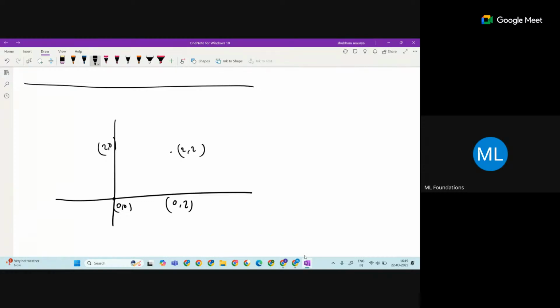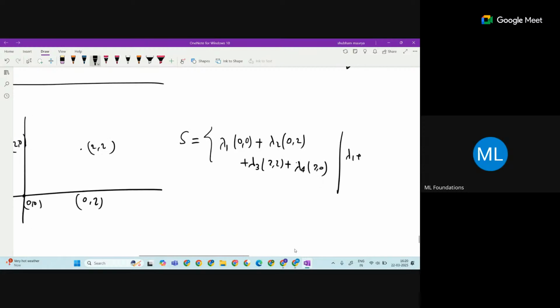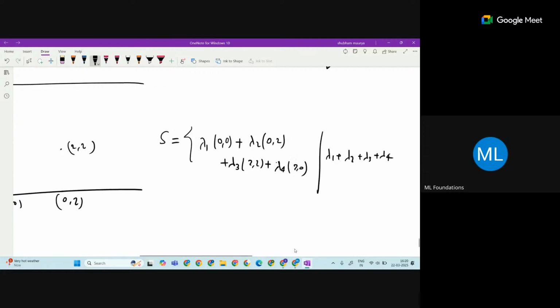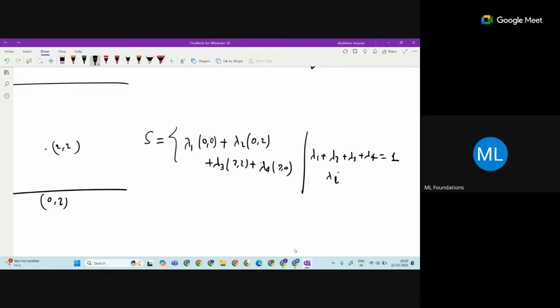Now, what is the convex hull? The definition of the convex hull using these points is going to be the set of lambda 1 times (0,0) plus lambda 2 times (0,2) plus lambda 3 times (2,2) plus lambda 4 times (2,0), where the constraints are that lambda 1, lambda 2, lambda 3 and lambda 4 sum to 1, and all lambda i belong to [0,1].